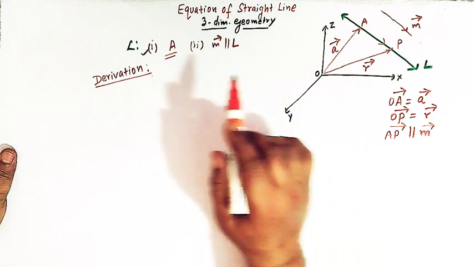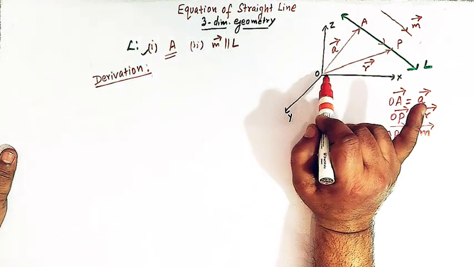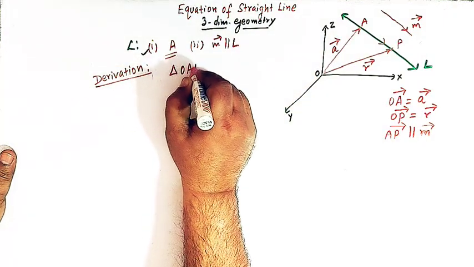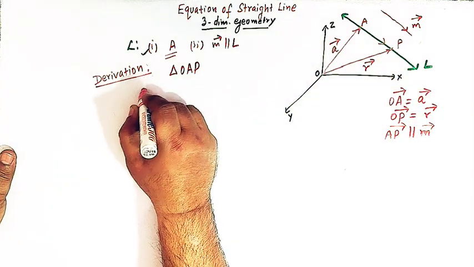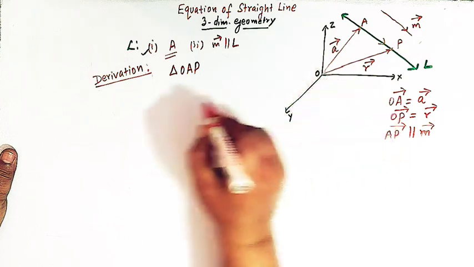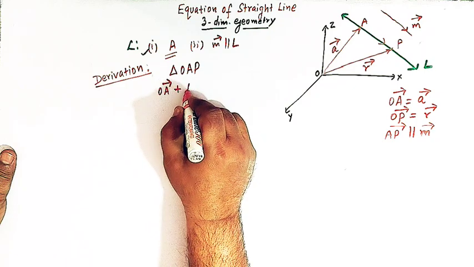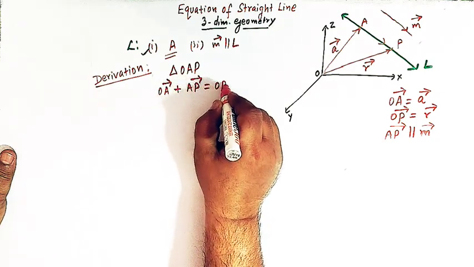Now to derive the equation of a straight line in vector form, let us consider the triangle OAP. If we apply the triangle law of addition of vectors, we can easily see that vector OA plus vector AP is equal to vector OP.